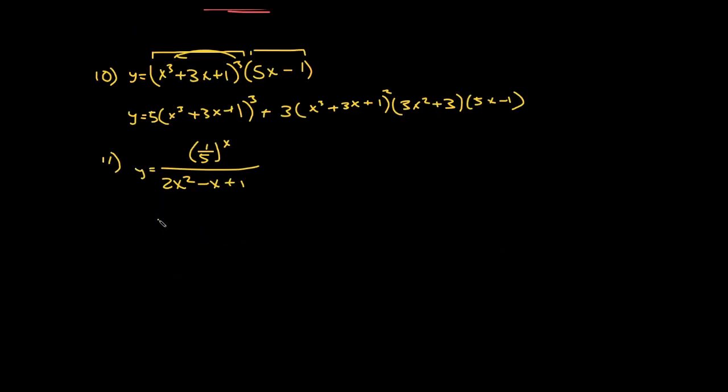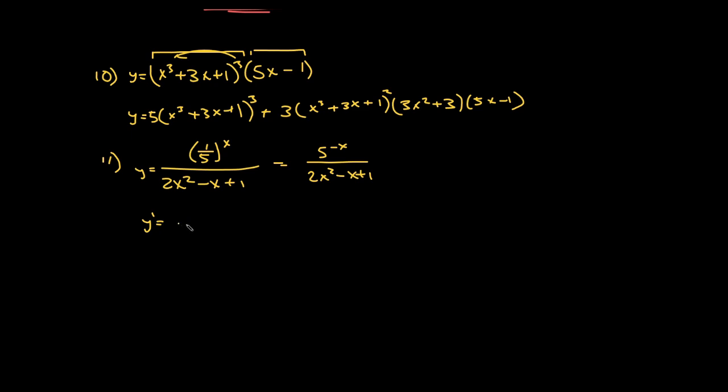Alright, actually, I'll quickly rewrite this to 5 to the negative x. I think that's just a little bit nicer to work with. Alright, so I think I will just use the quotient rule here.